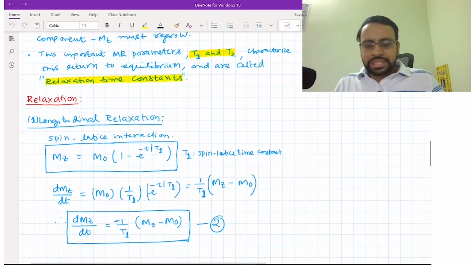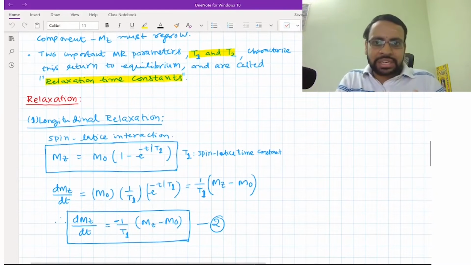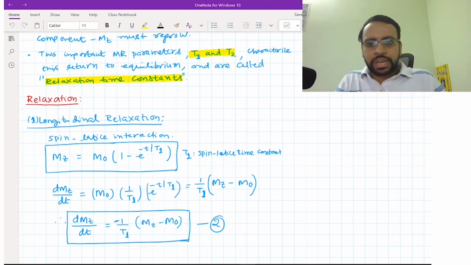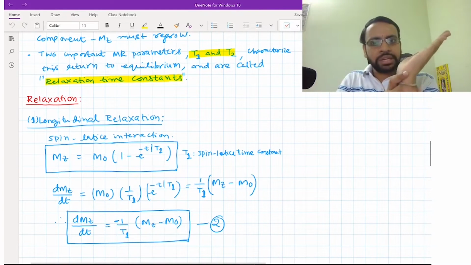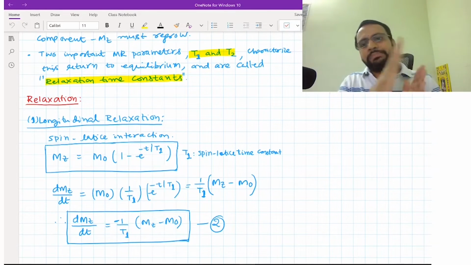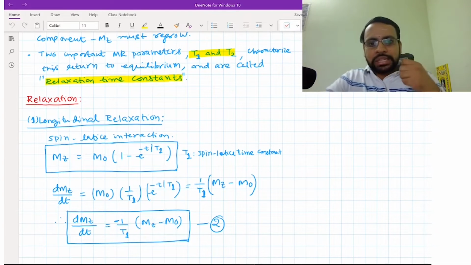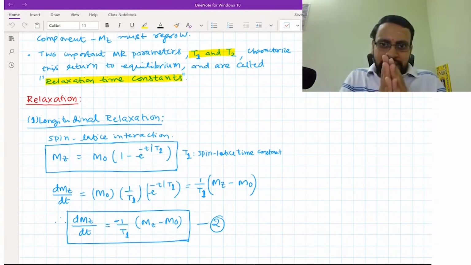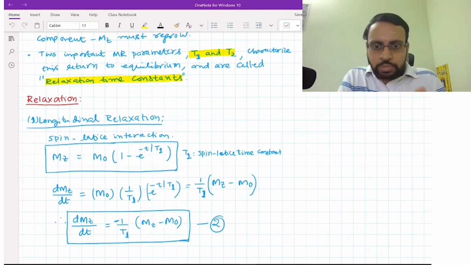We will just have an intuition here rather than a very rigorous proof. Assume the magnitude of this vector is M naught. After a sufficiently long time, this would again come back to M naught, and the way it recovers is going to happen exponentially.